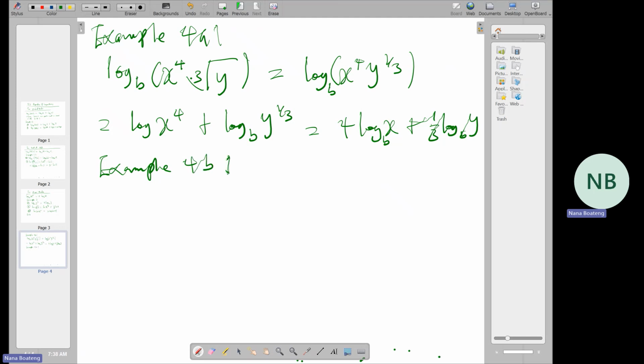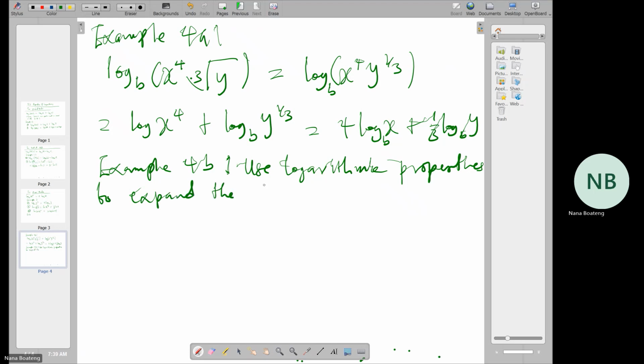It says use logarithmic properties to expand the expression as much as possible.